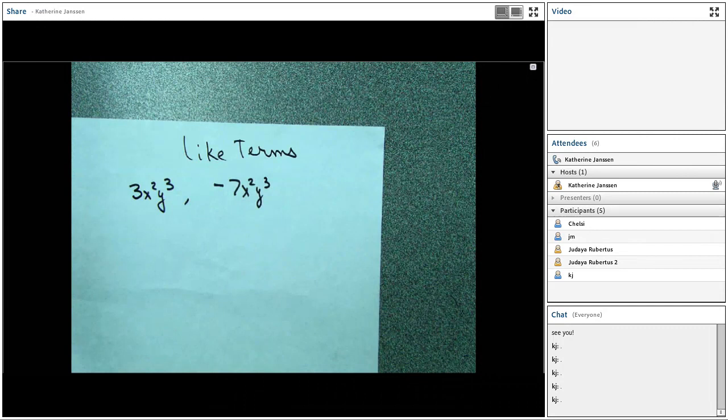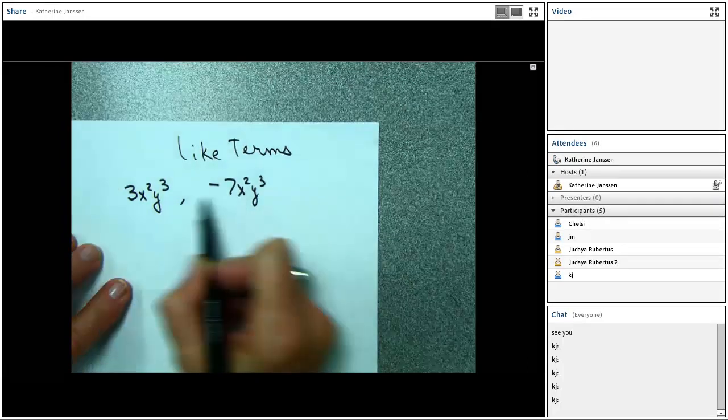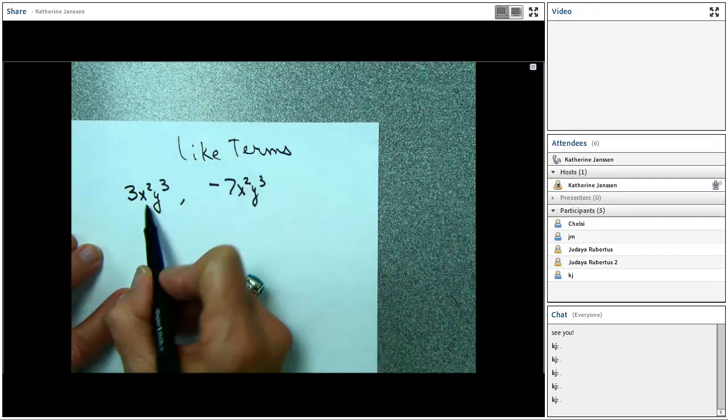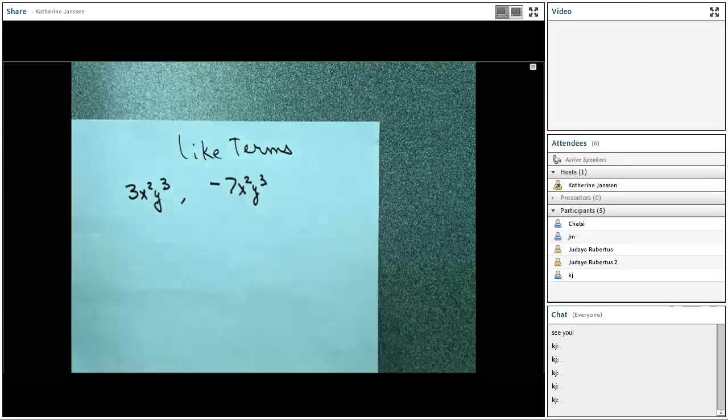And we're just moving a bit beyond what we've studied so far, where we have multiple variables within a particular term. So like terms, we want to check the variable x. Is it to the same degree? Yes. Variable y, is it to the same degree? Yes. So we have like terms. Like terms have exactly the same variables with exactly the same exponents.